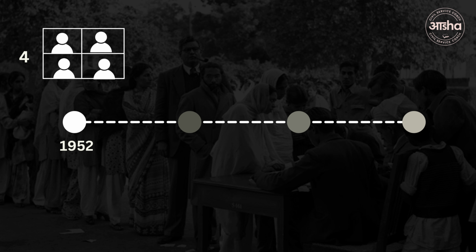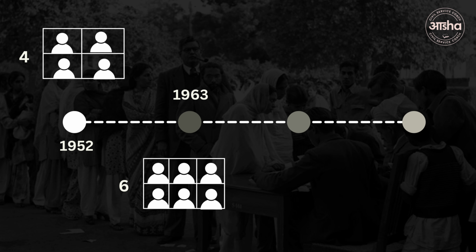Consider India is your house, the rooms are the geographical areas or the constituencies, and the family members are the voters. In 1952, a small family of 4, easy to divide into 4 rooms. In 1963, the family grows into 6 members. Now the room sizes are decreased. 6 rooms are created for uniformity and the members are adjusted.